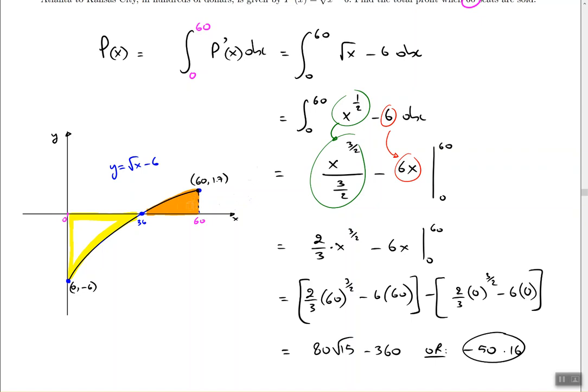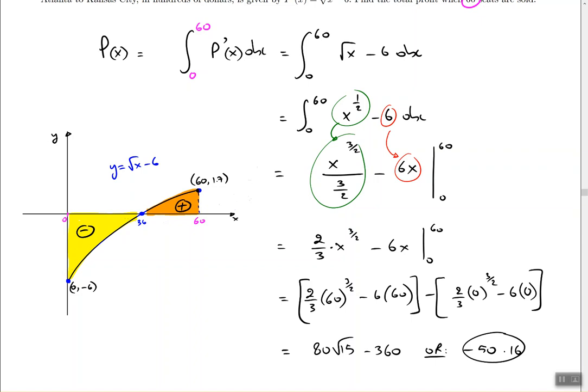So now you could see that the orange area is way smaller than the yellow area. As a matter of fact, it takes from 0 all the way to 36 to even cross the x-axis. And so there's a huge chunk of area below the x-axis. That's pretty much all considered losses. And the area from 36 to 60 is above the x-axis, and that's considered to be profits.